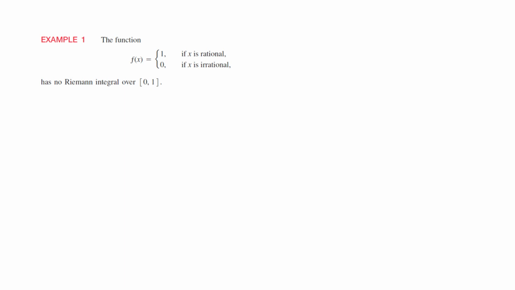So the function jumps up and down so erratically over the interval [0, 1] that it is not possible for us to find the area under the curve or to draw rectangles under the curve, even of a very small width or very thin rectangles.